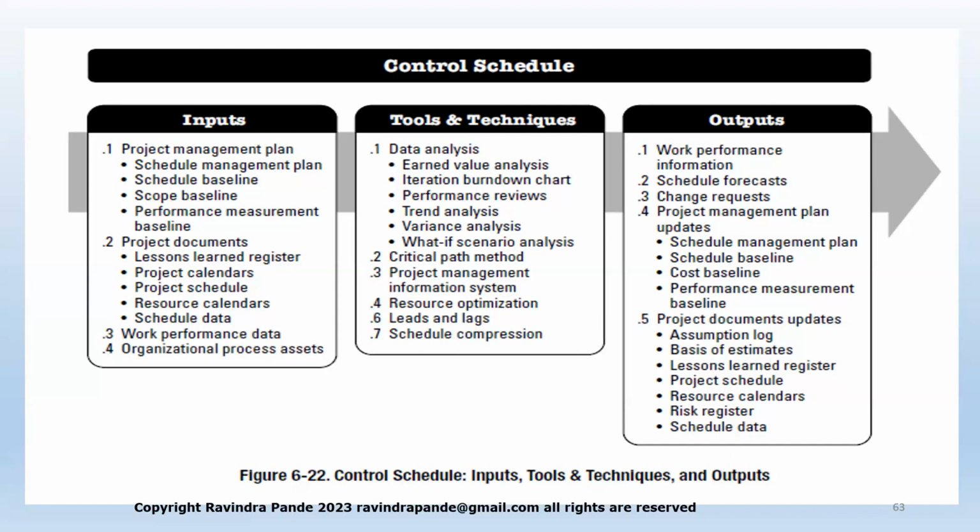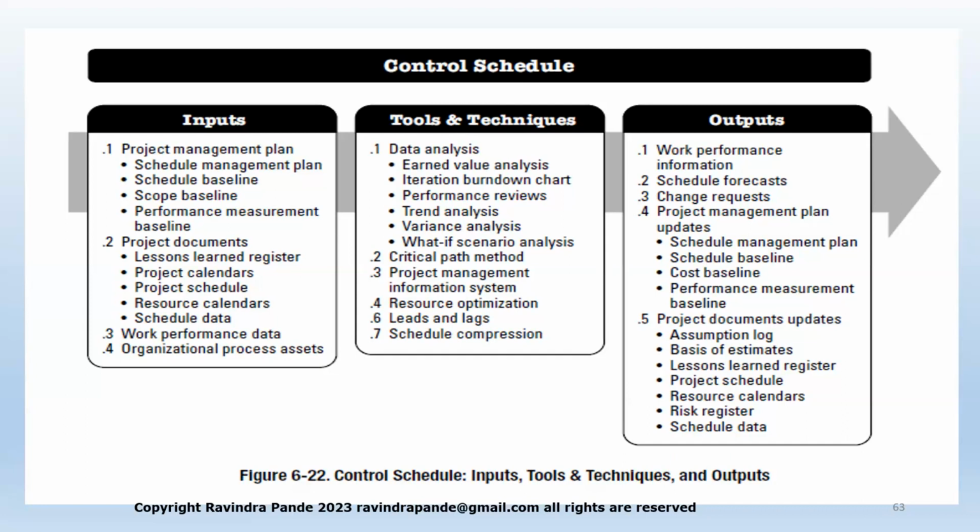Cost baseline, because we have an evolved or calculated cost whenever we have a scope, schedule, and resource. So that cost is analyzed in terms of how we are performing. Do we have any profit margins, or are we utilizing our budgeted figures, and so on and so forth. We're going to study this in depth in our next knowledge area called project cost management.